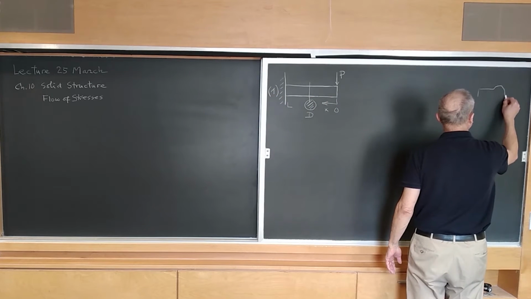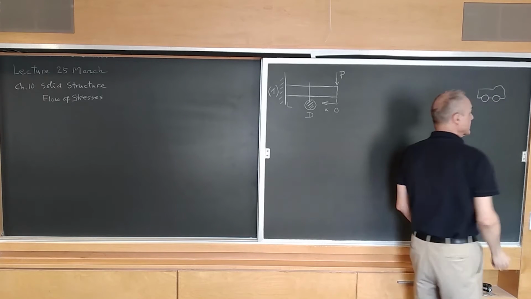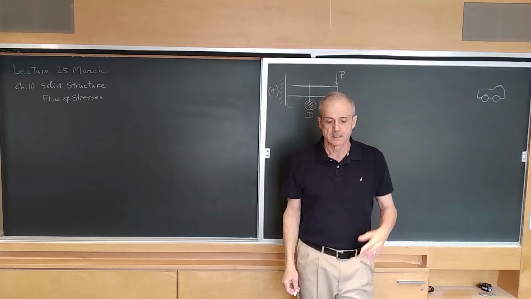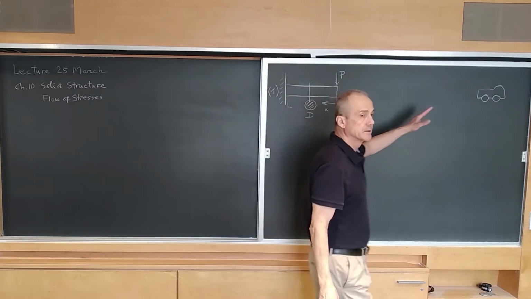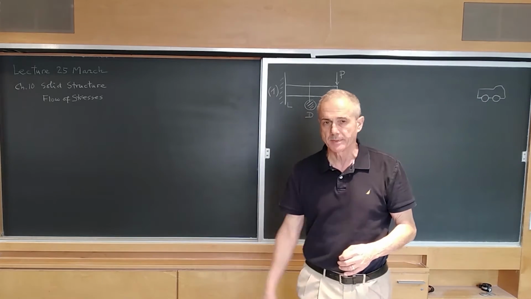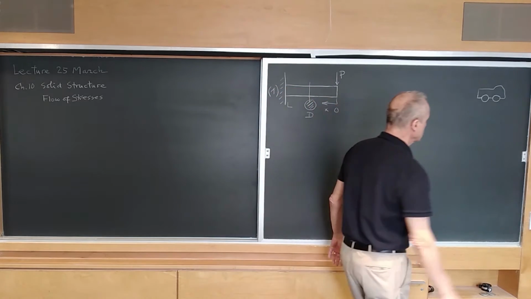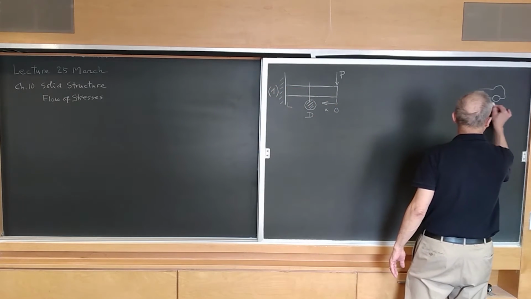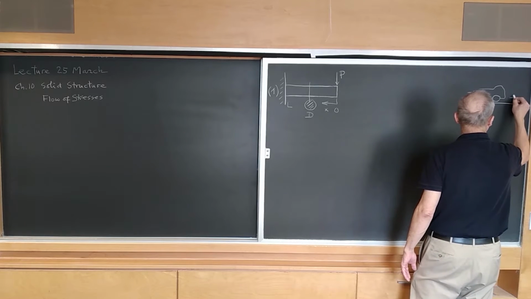Remember the vehicle that carries everything that flows? That vehicle is itself a propelled body, one that is on one hand propelled, on the other hand restrained by the drag that the environment poses. So here is the propulsion, here is the drag.